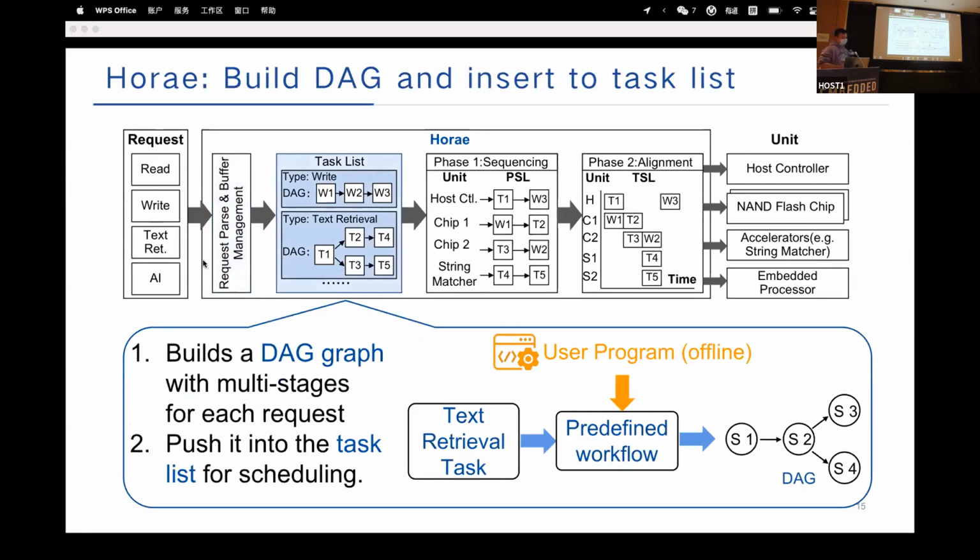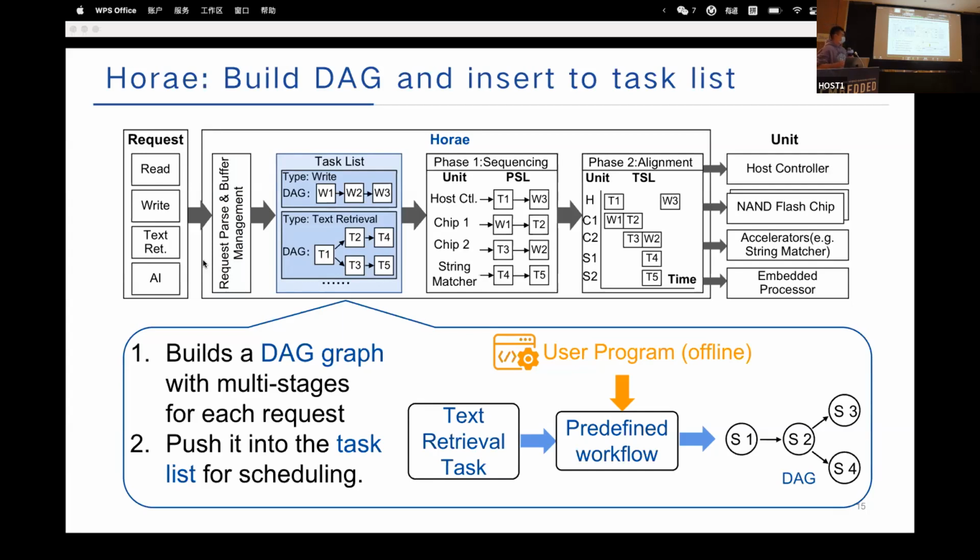After getting the request, Horae will build a DAG graph with multiple stages for each request. The DAG graph is generated inside the NDP-based SSD. It is predefined when the developers develop the user NDP application.